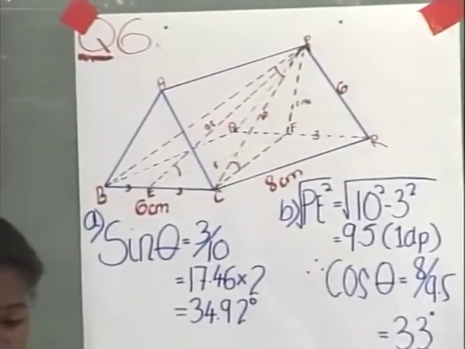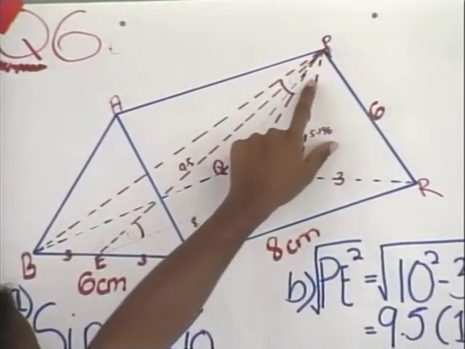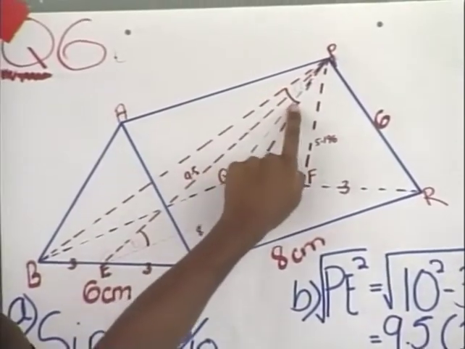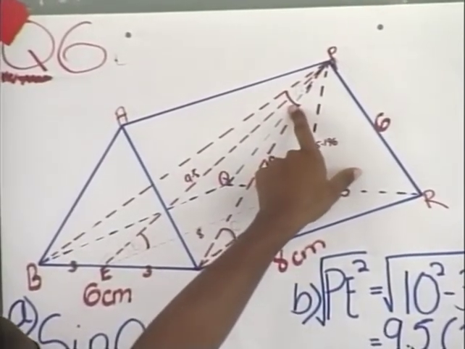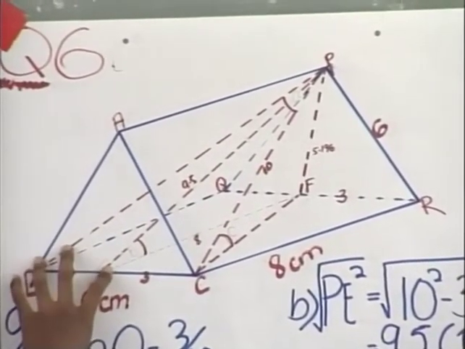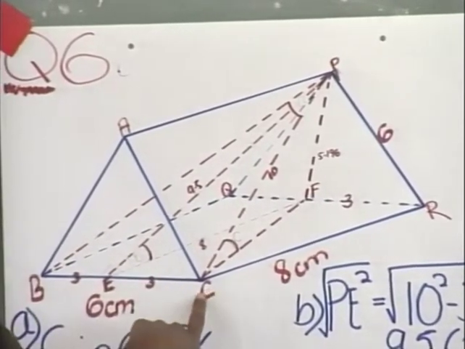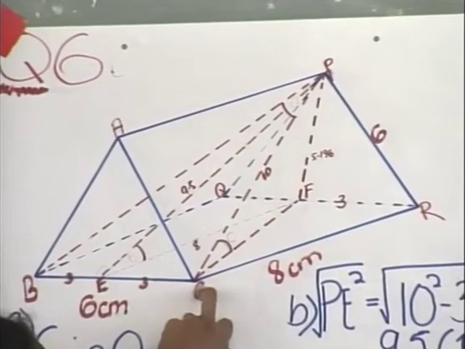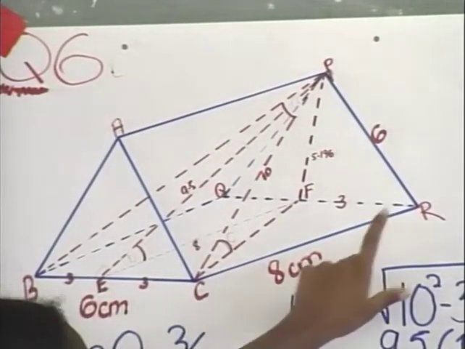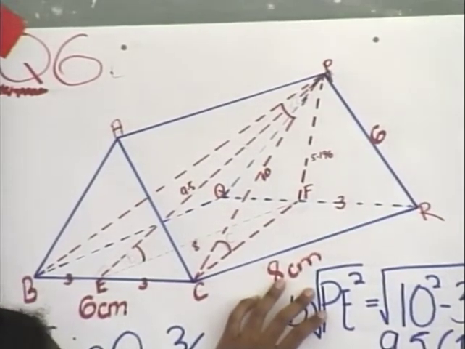Calculate A, the angle between diagonals PB and PC, which is this angle. To find the angle, you have to split it in half, so it will be 2 right angles. Firstly, you have to find PC, so you use Pythagoras theorem on the triangle PCR, which is 6 squared plus 8 squared, which is 100.